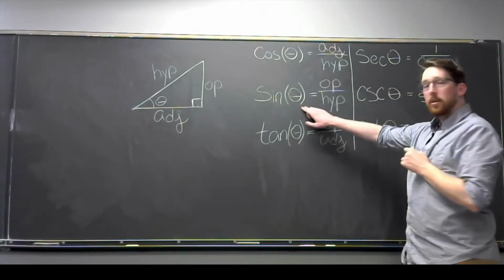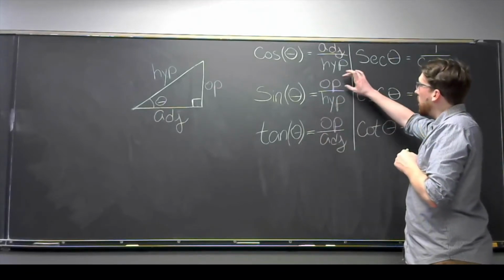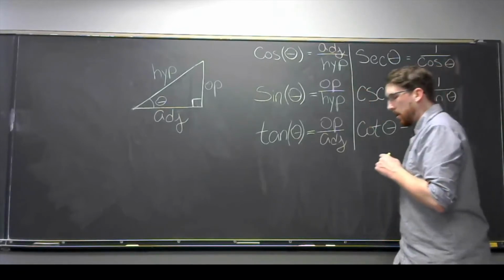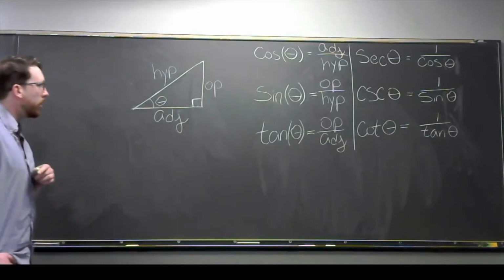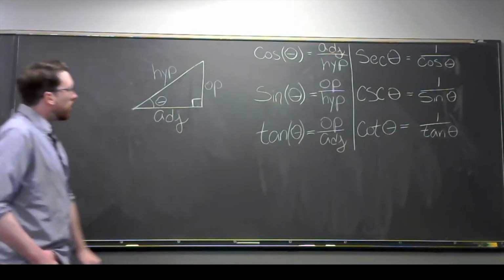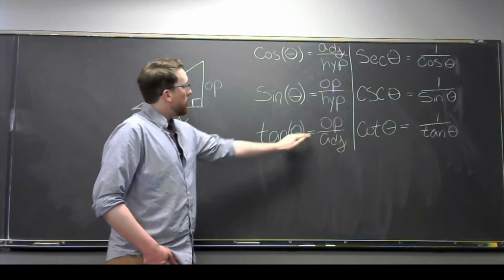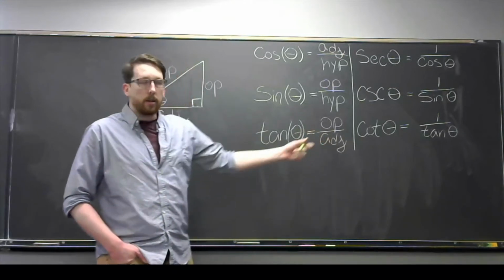The sine of that angle is going to be the length of the opposite leg divided by the hypotenuse. And the tangent of that angle is going to be the length of the opposite leg divided by the length of the adjacent leg.